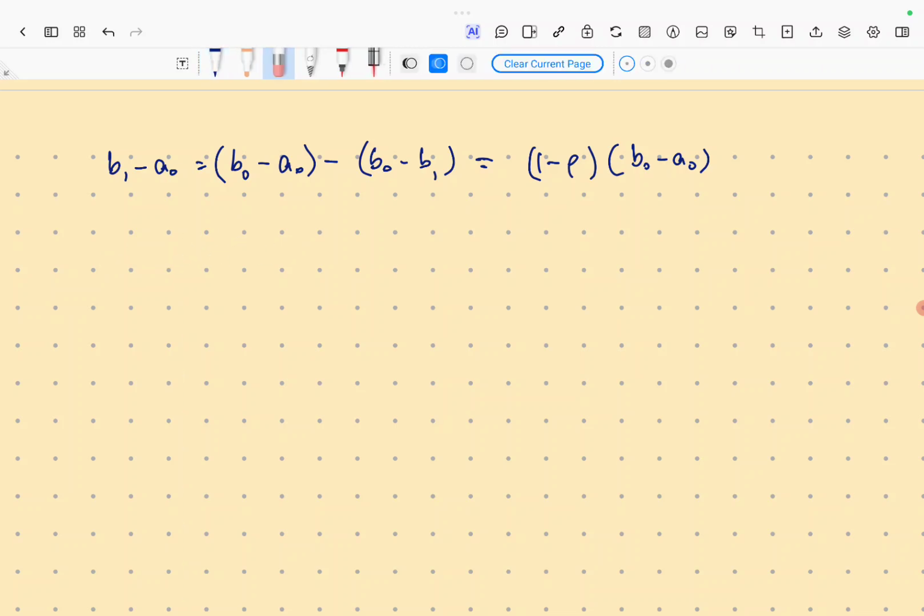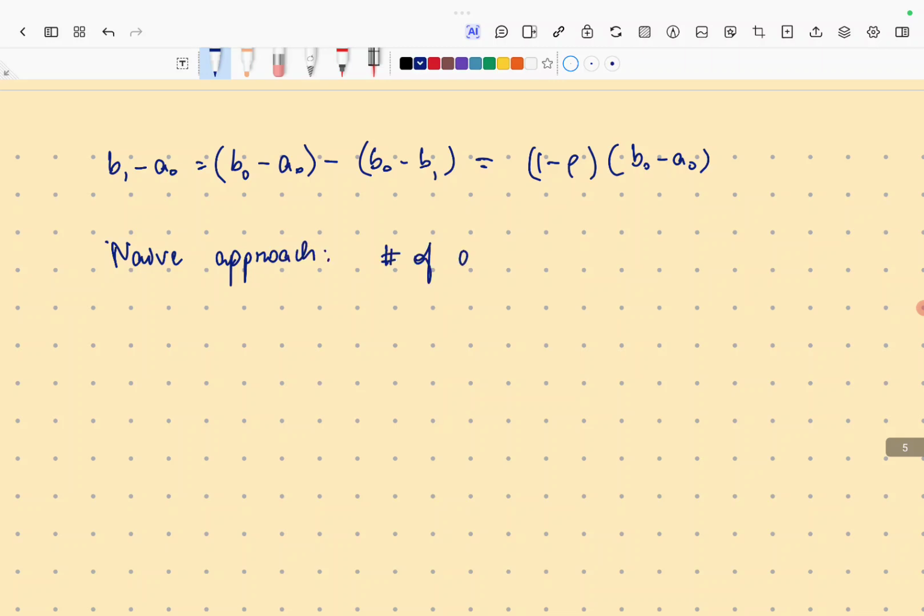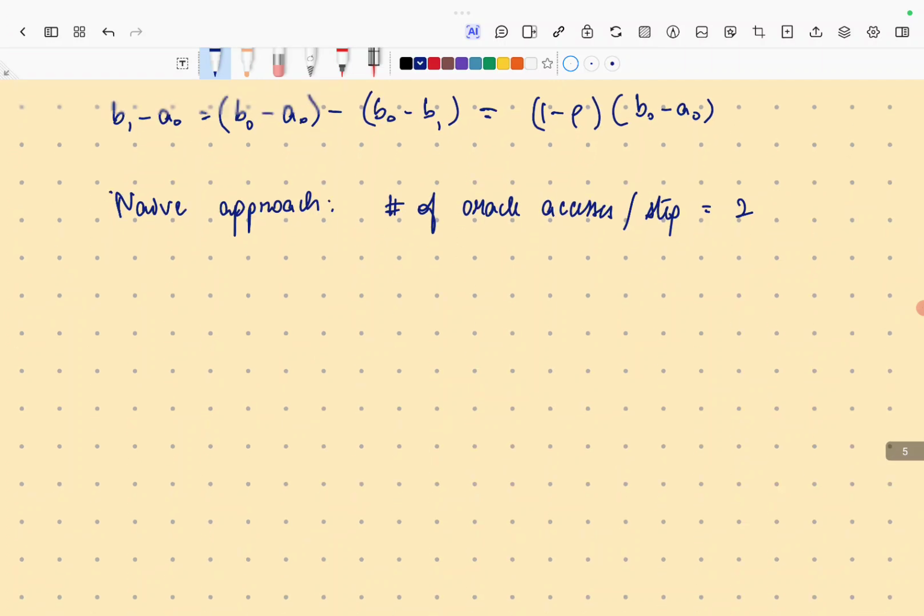If I implement it naively, the number per step is 2, right? Because I need to compute f of A_t and f of B_t in time step t. But I'll do it in a slightly more clever fashion.